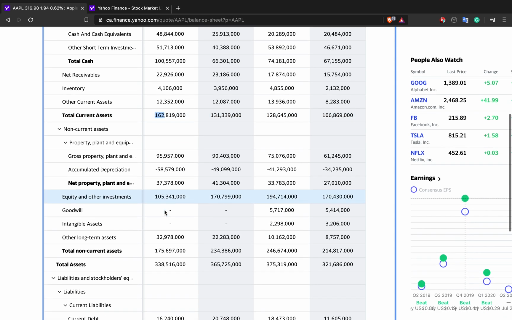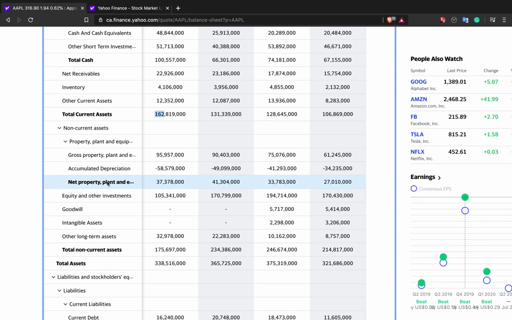But the reason that property, plant, and equipment are listed under non-current assets is because Apple is not liquidating them, and these are long-term assets, right? So after depreciation, we get a total value of $37 billion worth of non-current assets.